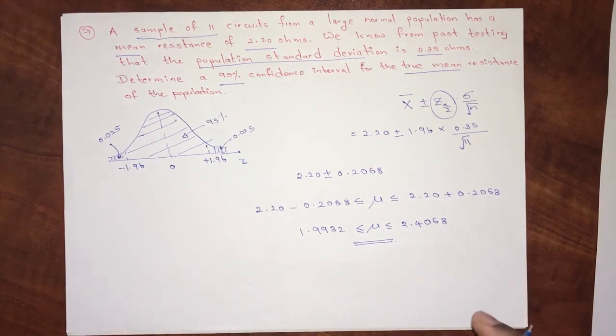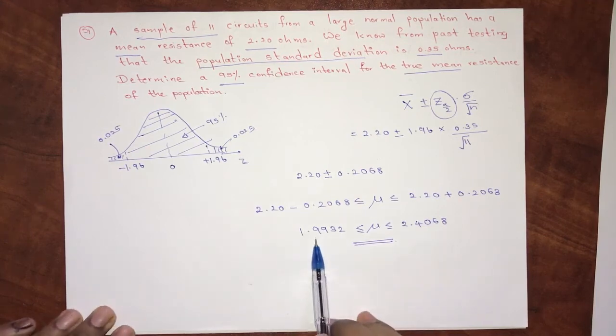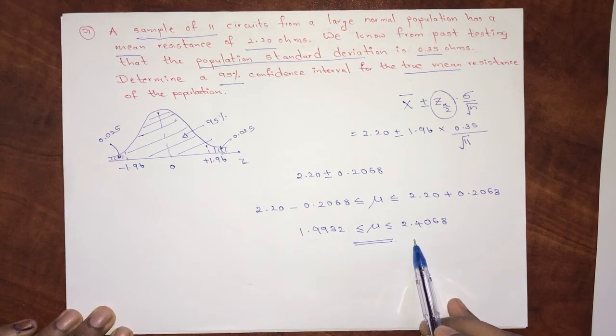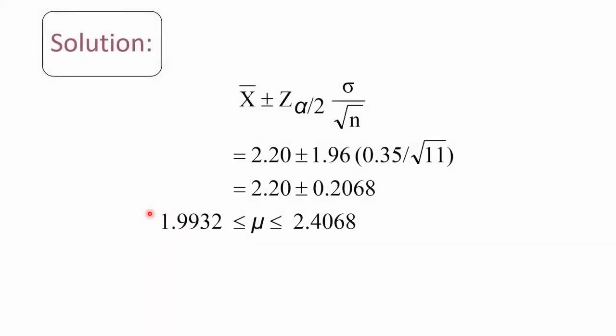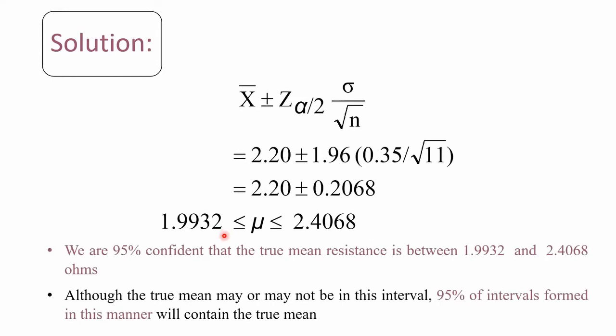Well, we are 95% confident that the true mean resistance is between 1.9932 and 2.4068 ohms. Right, so as we saw there, we use the confidence interval estimate for the population mean mu equation, and we substitute the values, and we got the answer for the population mean mu being in between these two values. So how did we interpret that?